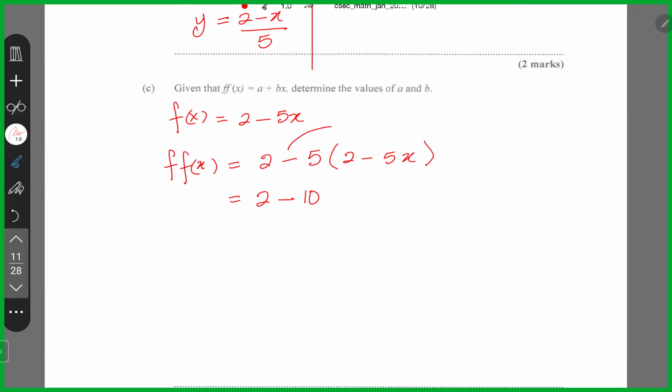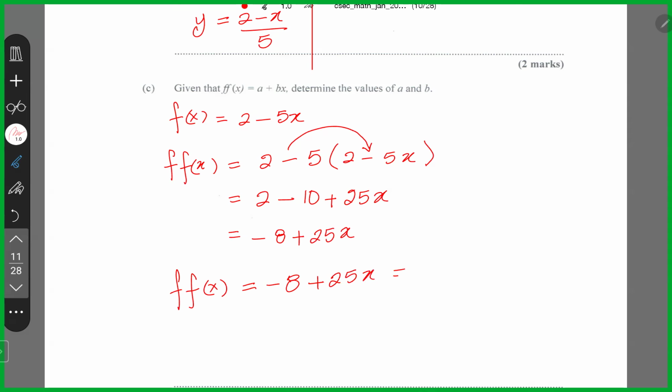This negative times this negative is a positive. 5 5s, 25x. Now, 2 minus 10 is minus 8 plus 25x.